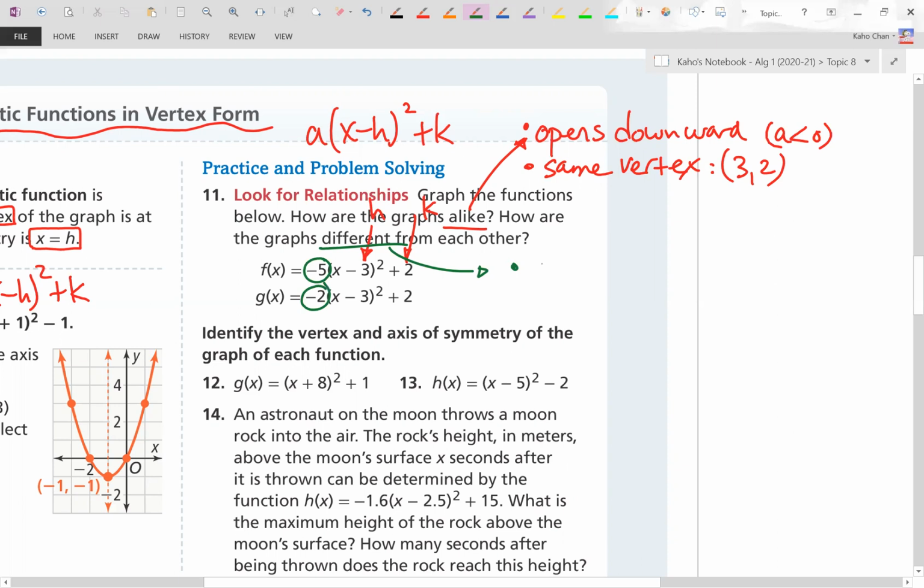F of x's a value is stretched more. In fact, it's 500% versus the g of x is 200%. Does that make sense? So it's stretched more, it means it's narrower. That takes care of number 11. Yay.